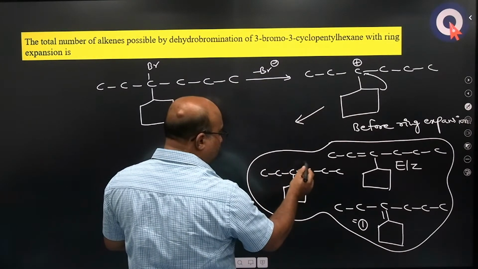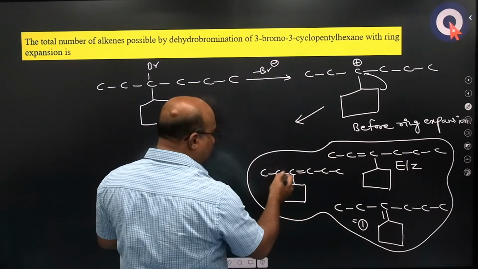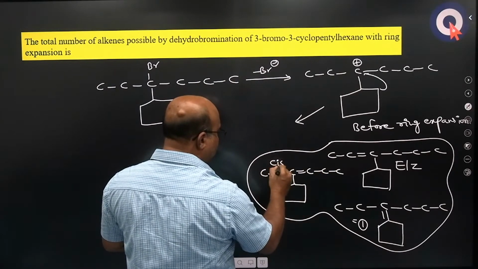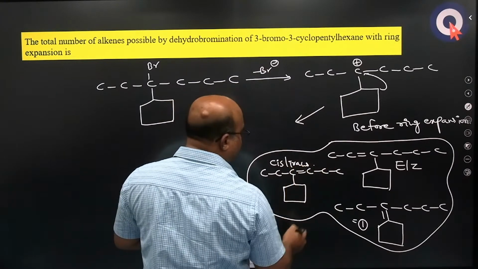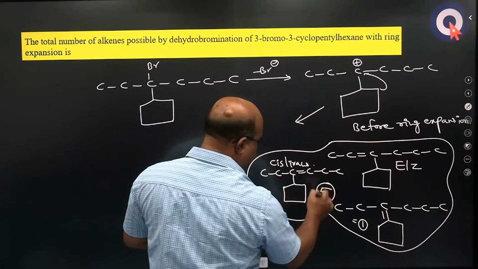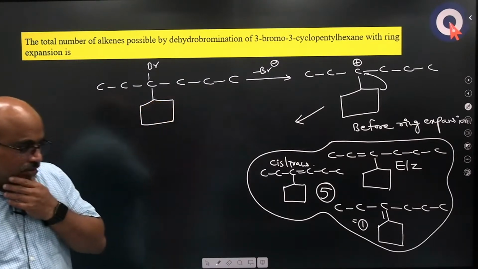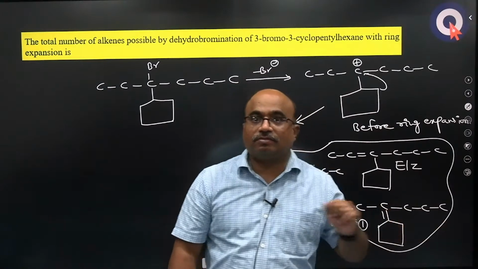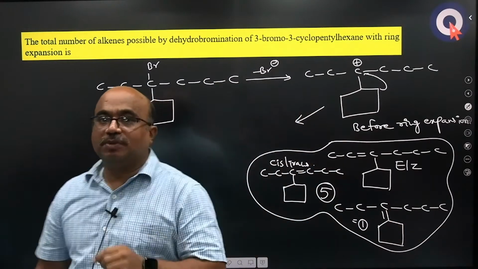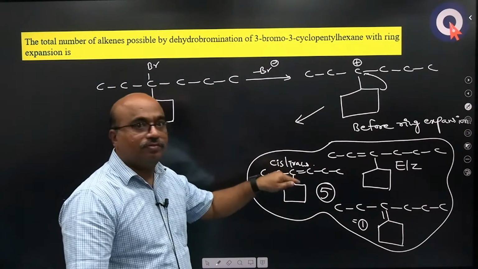This carbon has hydrogen and ethyl groups. So, ethyl and ethyl, so you can have cis trans in this. So, how many are we getting before that itself? 5. If they ask all possible, you have to count even this. When they ask all possible, we have to count this also.